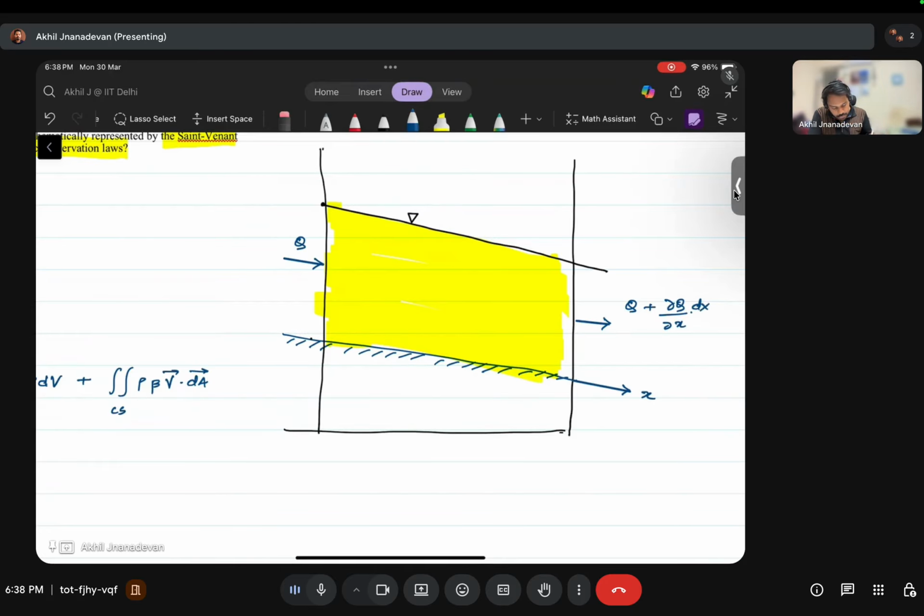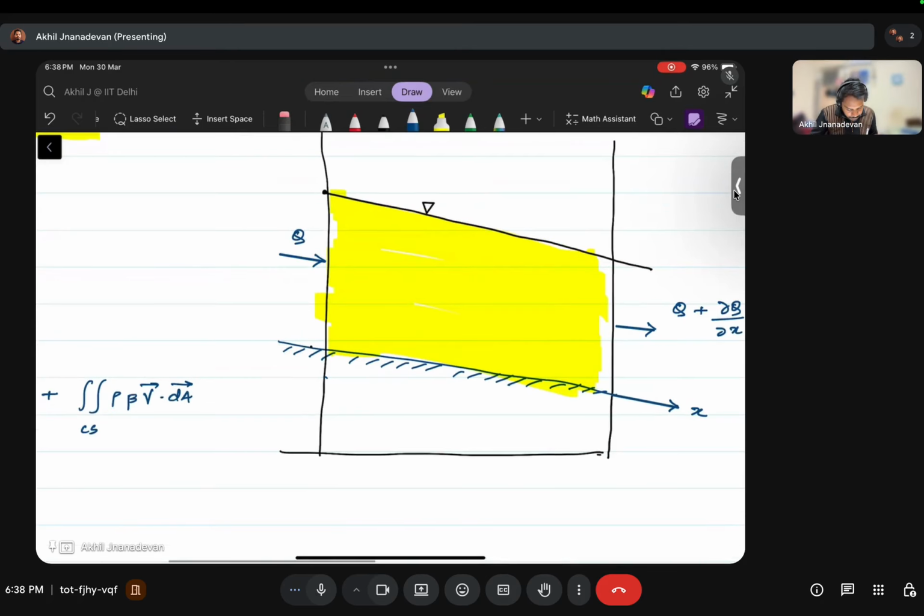This direction is the X direction, and this elemental length of our control volume is taken as dx, right?